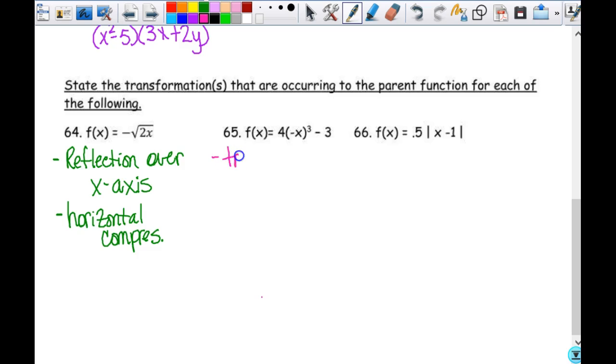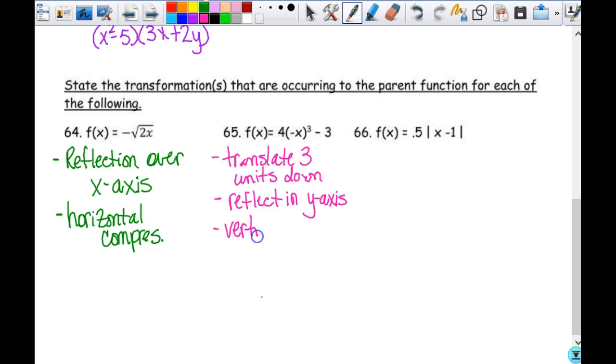We're going to translate 3 units down. And reflect in y-axis. And then that 4 gives us a vertical stretch.